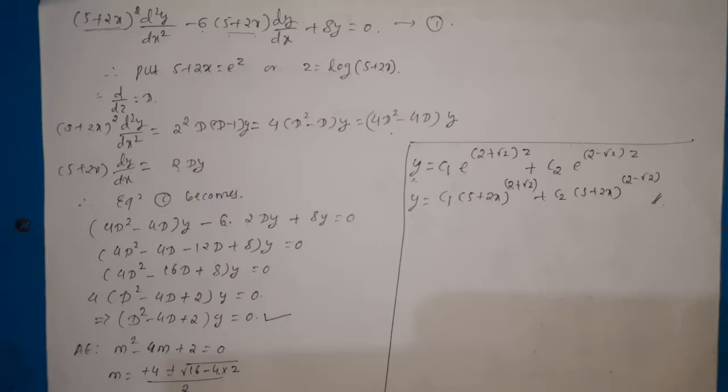Already we have discussed the previous examples, that is linear differential equations in homogeneous form. There we substituted x = e^z, and here a + bx = e^z, that is the only difference. While writing the complementary function, instead of x we need to use z, and afterwards e^z can be replaced by the corresponding substitution.